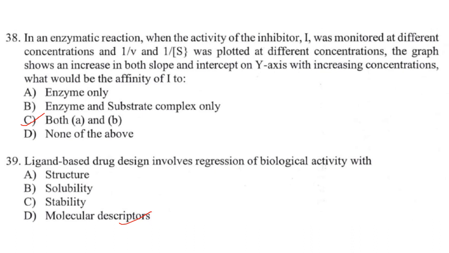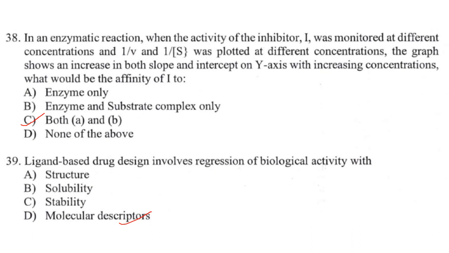In an enzymatic reaction, when the activity of inhibitor was monitored at different concentrations and 1 by V and 1 by concentration of S was plotted at different concentrations, the graph shows an increase in both the slope and the intercept on the y-axis, that is Vmax is increasing with increasing concentrations.